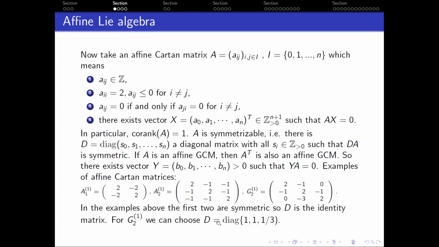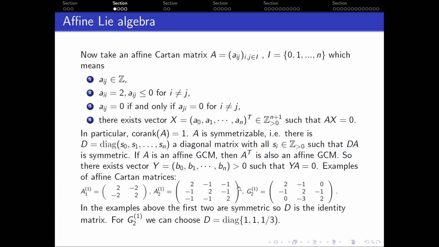And there is an important observation here that actually we can start from this simple Lie algebra sl3 and construct this affine Lie algebra explicitly by looking at polynomial maps from a circle to sl3 and taking a central extension of that.